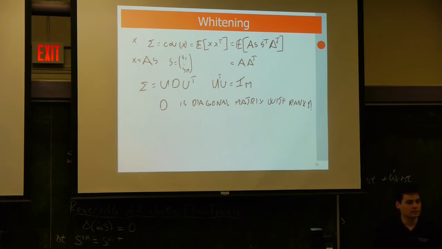Okay, so we do this. You observe your quantity X, from that you calculate the empirical covariance, that's sigma, and you do a singular value decomposition on sigma. That's U D U transpose.